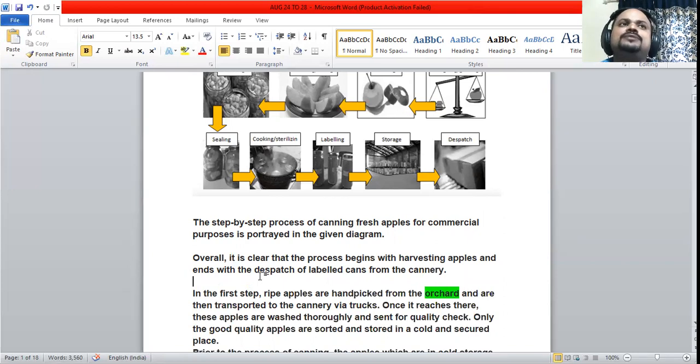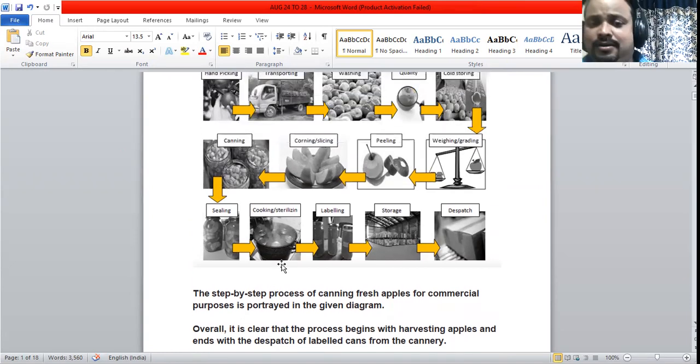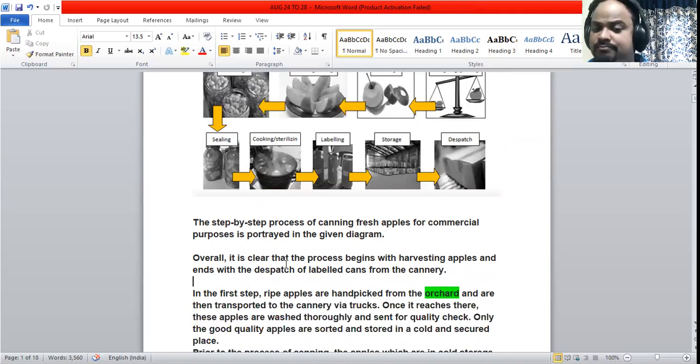This is the place where we can things, maybe vegetables or fruits or fish or meat, whatever it is. Where these things are canned, that is called a cannery. So the process begins from harvesting apples and ends with the dispatch. That's it. We don't have anything serious here as an overview.